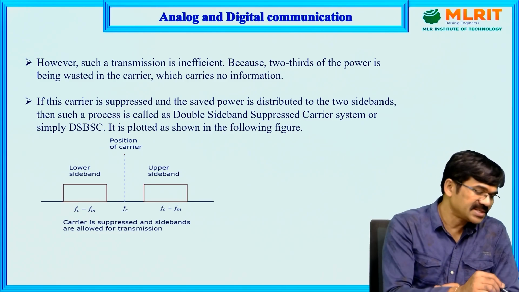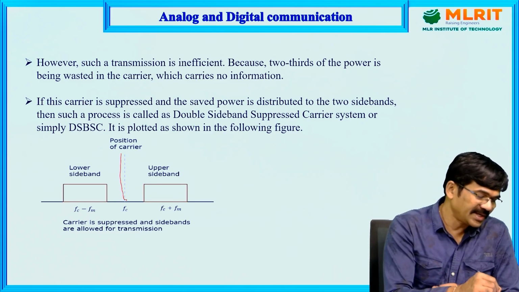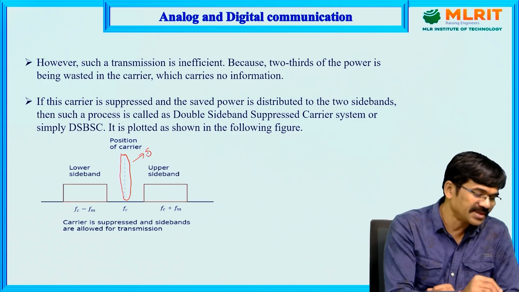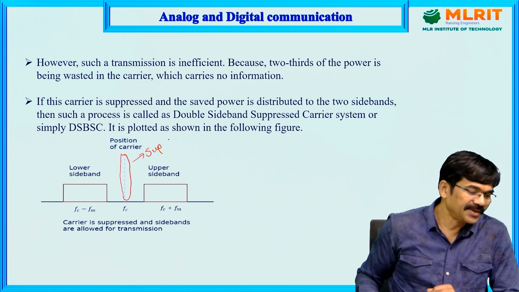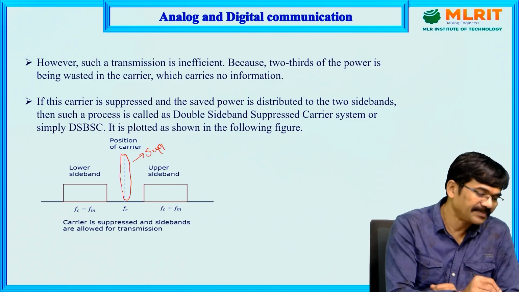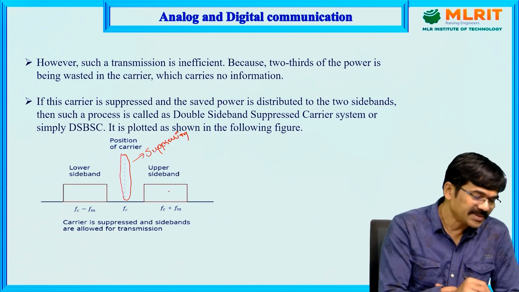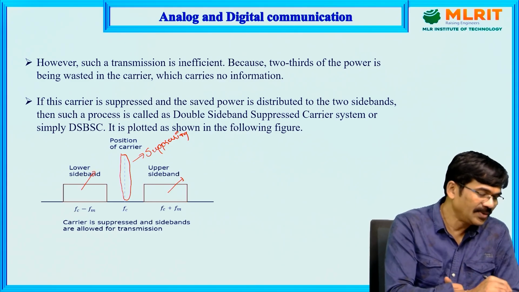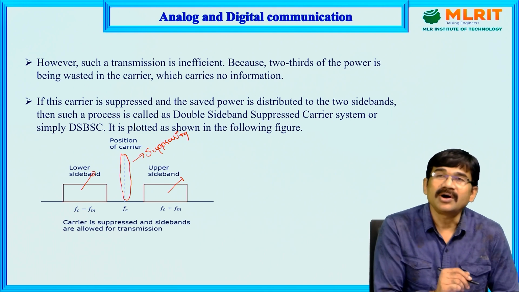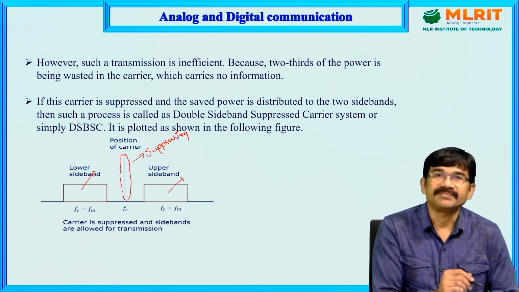In DSBSC, we are suppressing the carrier alone, and we are transmitting only the upper sideband and lower sideband. So, how much power are we saving?